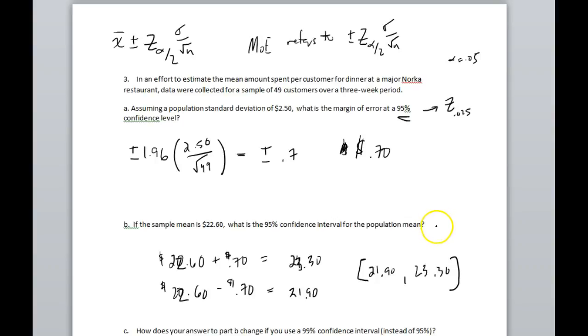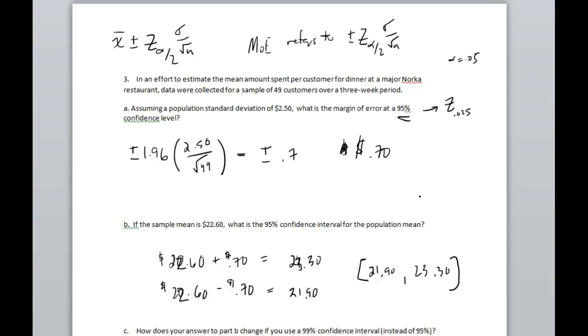So what does that mean in layman's terms? That means that given the sample of 49 customers that we took over the 3-week period, assuming that we knew the population standard deviation of $2.50, so that's the standard deviation of prices of dinner spent, we can assume with 95% confidence that the true population mean, like the true cost of a check, right?